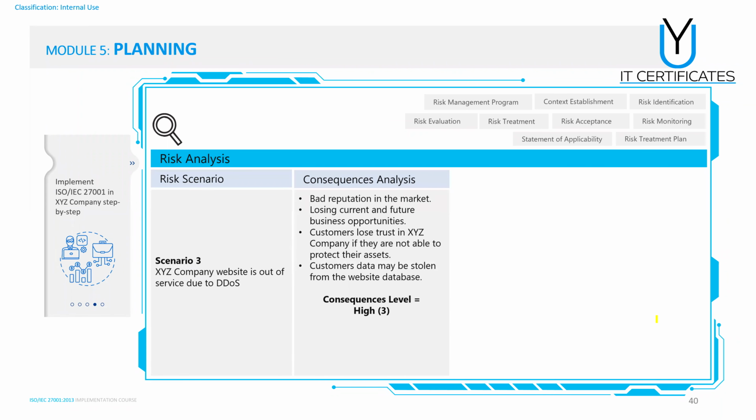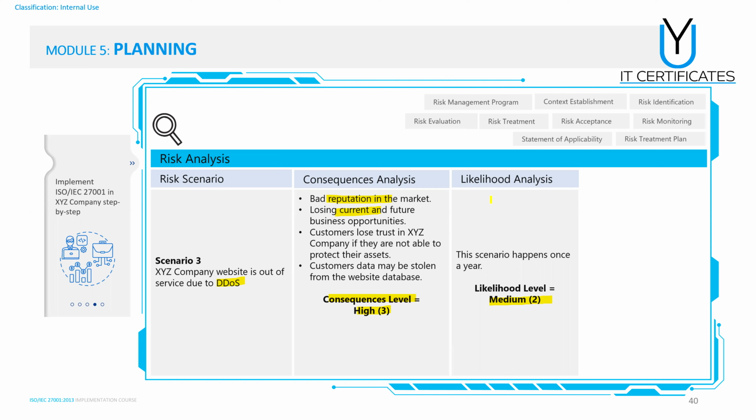Scenario number 3: the XYZ company website is out due to a denial of service attack, bad reputation, losing current customers, and so on. You will find the consequences level will be 3. Likelihood: it may happen once per year, medium. Again, likelihood and impact are very important, and it's not easy to find these values.